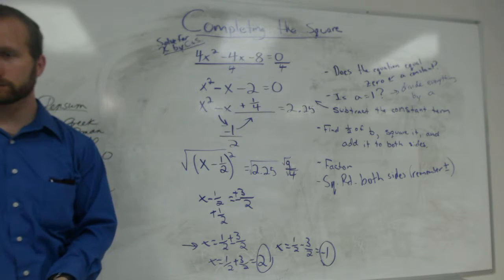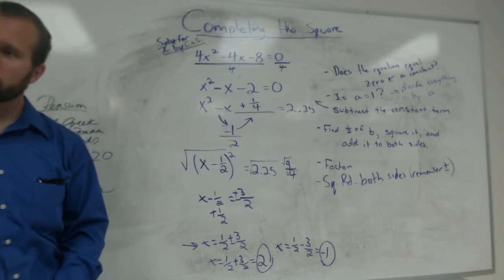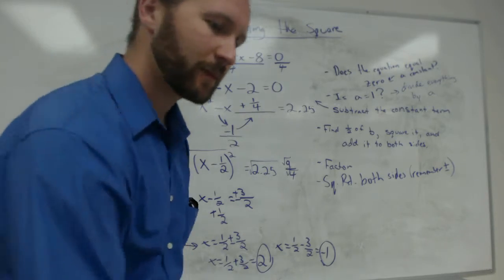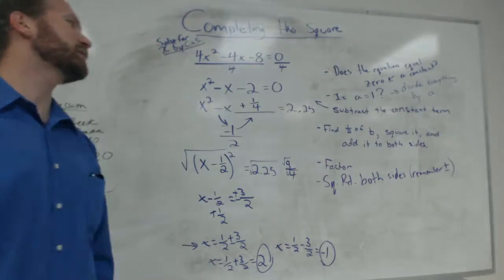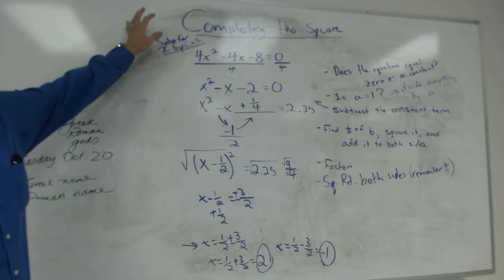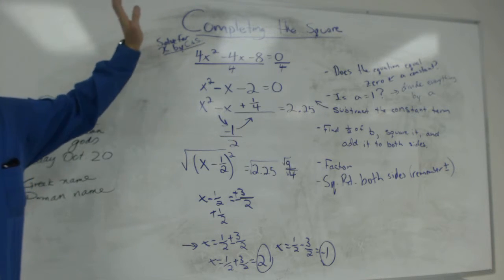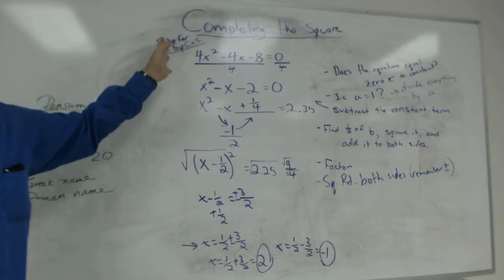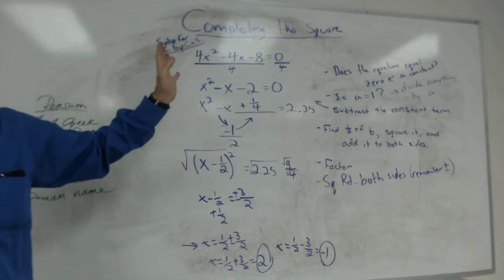So I'm honestly curious. Where on earth would you use completing the square in everyday life? This is, I think, the only thing that I would never use unless I were taking a standardized test or teaching algebra.